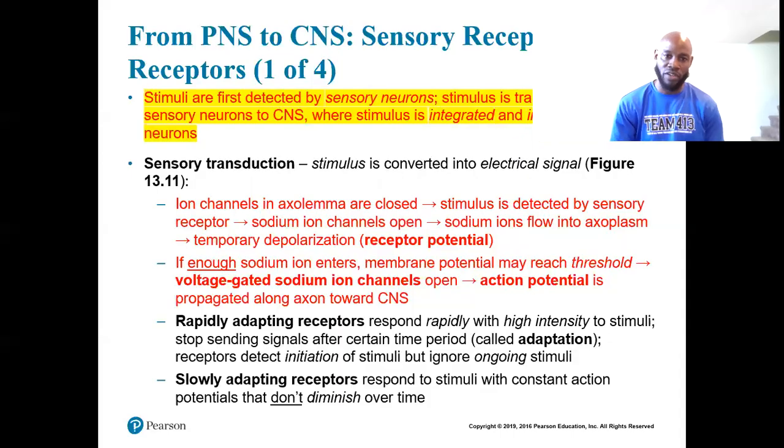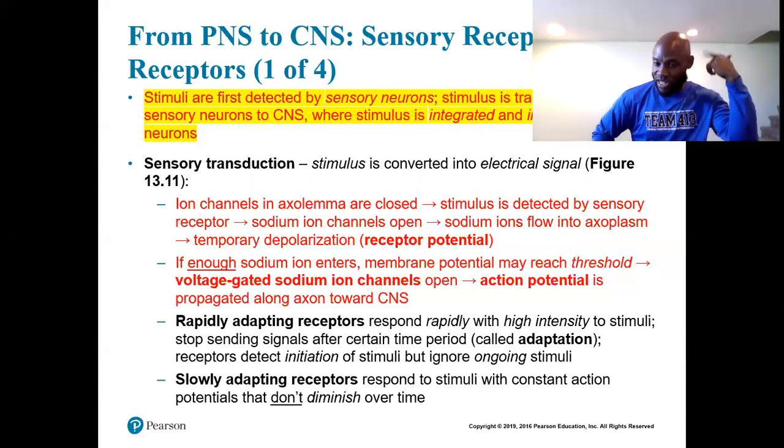So what we have here, remember, is from PNS to CNS. Stimuli are first detected by your sensory neurons. So I touch something, my sensory neurons sense, and that's the first detection that my body has that I'm touching something. That stimulus is transmitted from my PNS to my CNS. CNS, remember, is brain and spinal cord.